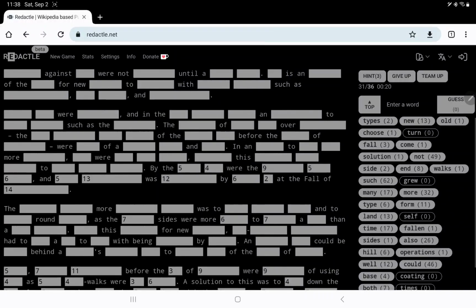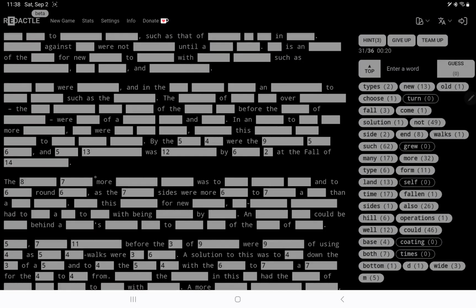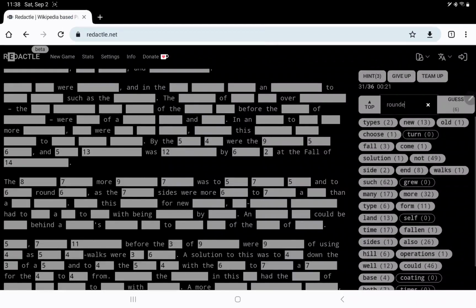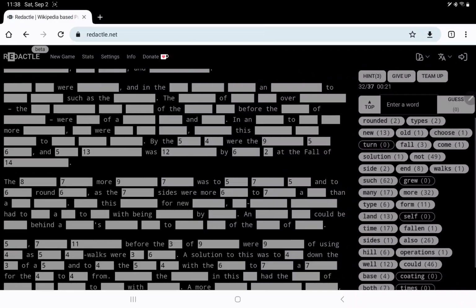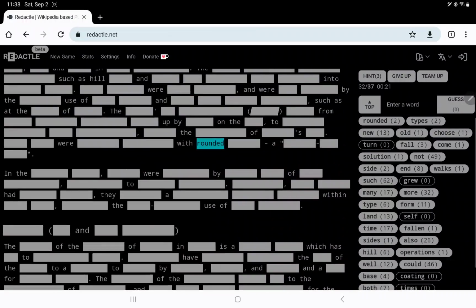As the something sides. Oh, here we have wants to 575 into something round blank as maybe the rounded sides. We do have rounded with rounded something. So some design. Let's try design.